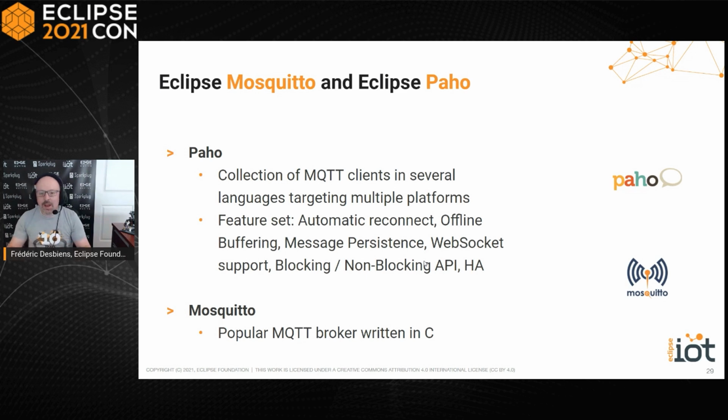Now, we have another option that I forgot to add to this particular slide, which is Eclipse Amlen. So Eclipse Amlen is another broker that was recently contributed to the Eclipse Foundation by IBM. So that's another option. Mosquitto is very, very lightweight.